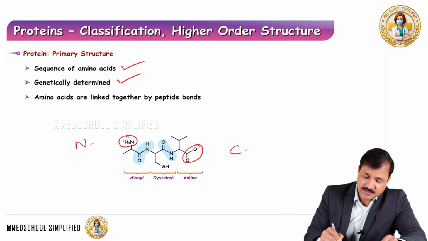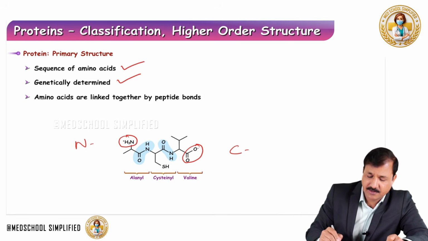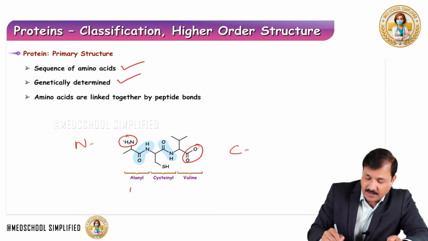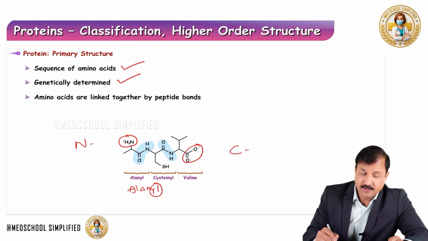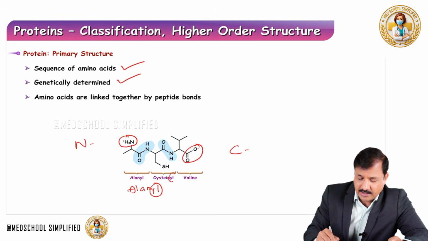The first amino acid here is alanine, but it is part of a polypeptide chain, so we don't write it as alanine, we write it as alanyl. We end it with YL. The second amino acid is cysteine, but we write it as cysteinyl. We end it with YL.